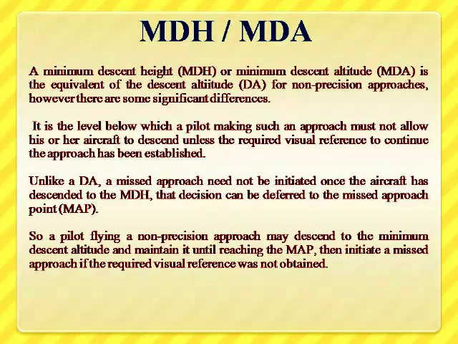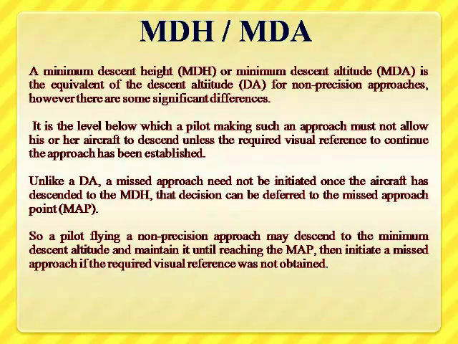And unlike a DA, a missed approach need not be initiated once the aircraft has descended to MDH. The decision can be deferred to the missed approach point. That means if he is not able to come to that minimum descent height in time, or if he has come down already ahead of the time, still he need not alert other people.